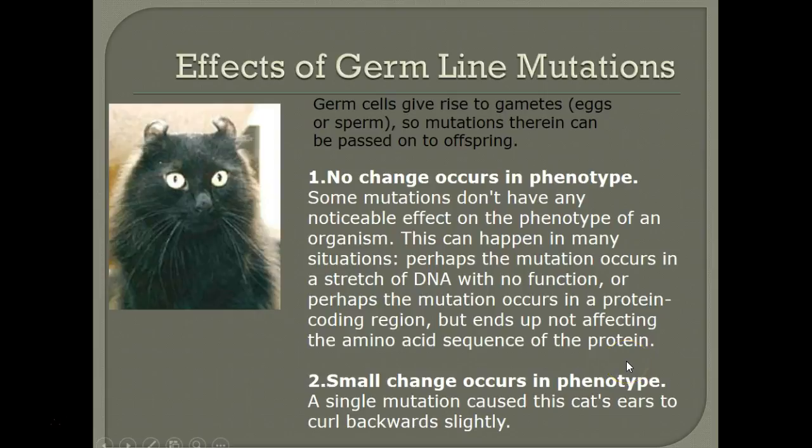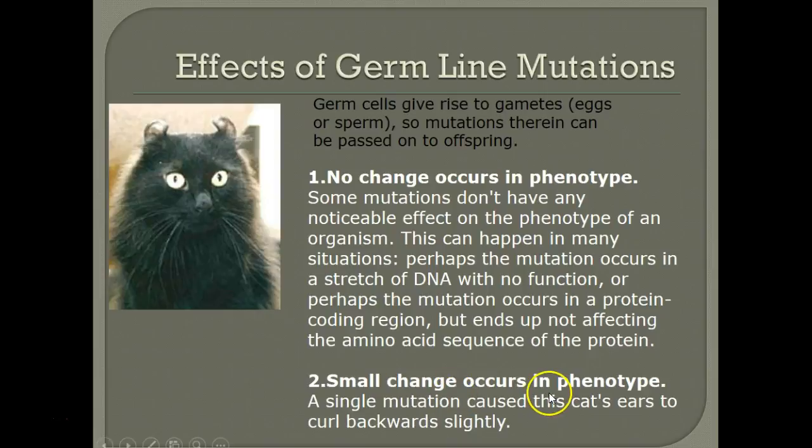Again, you should remember from target H2, you've got a mutation in an exon, but why would it not affect the amino acid sequence? Well, if it's a silent mutation and you still get a codon that codes for the same amino acid, then that would still give you the same protein and have no effect on the phenotype.